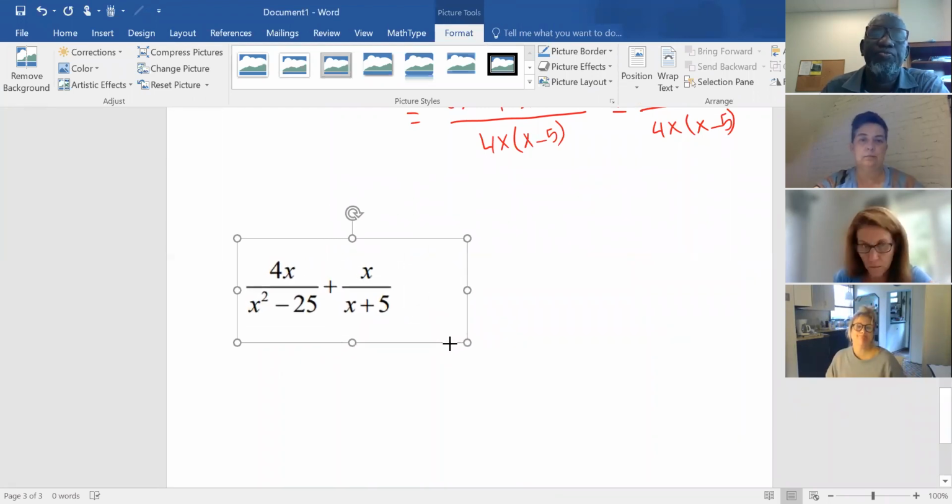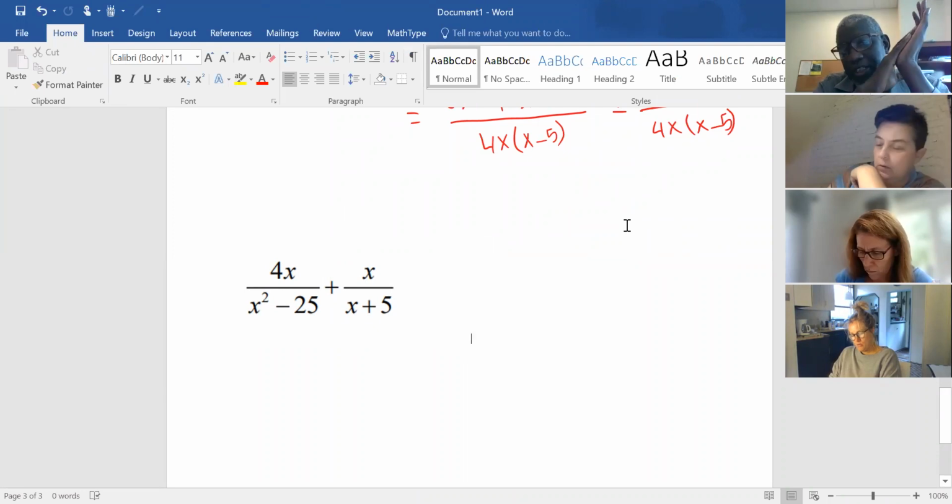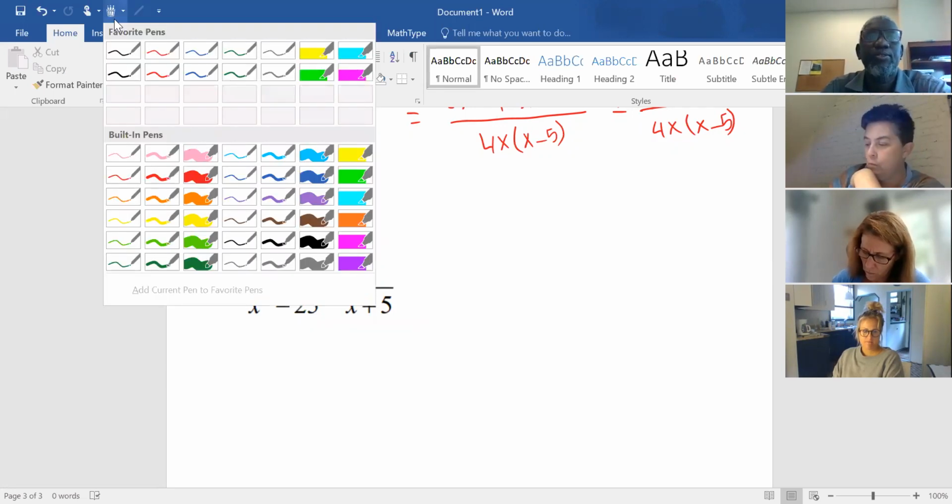Okay, right here. You see right here. Are we ready to find the LCD yet? No, because you can break down that x squared minus 25 as a square. Thank you, that was my question right here.